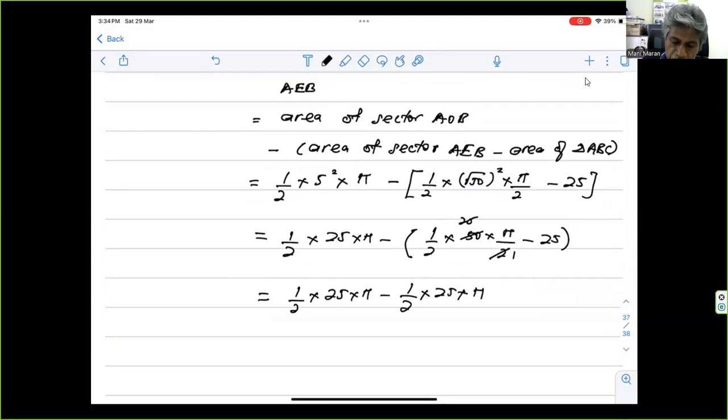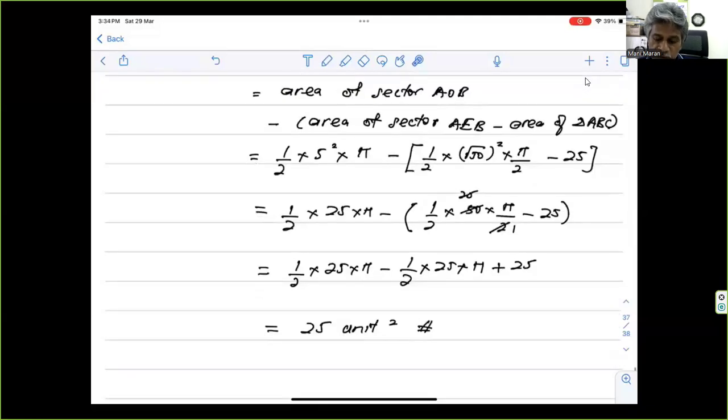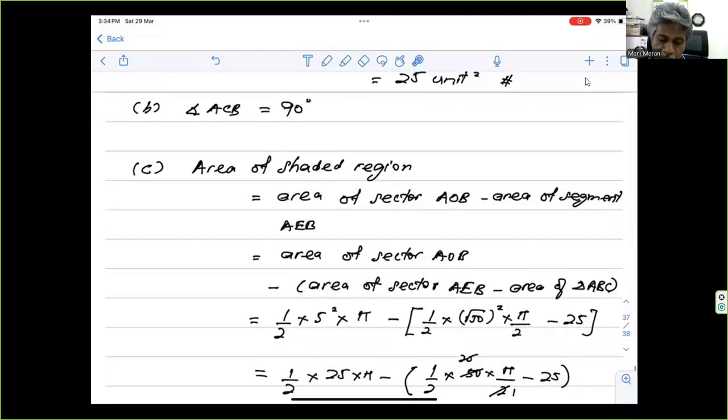And then minus, this minus you bring inside, minus will give you positive, will give you plus 25. Okay, so you notice that this part is exactly same as this part. So these two will cancel off. So finally you'll get this as 25 units. Okay, so that will be the area of the shaded region.